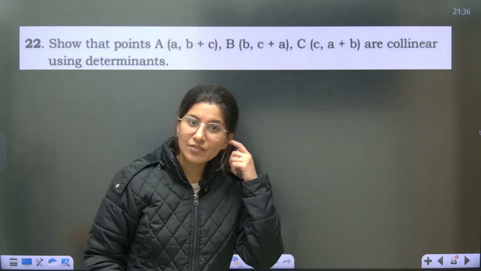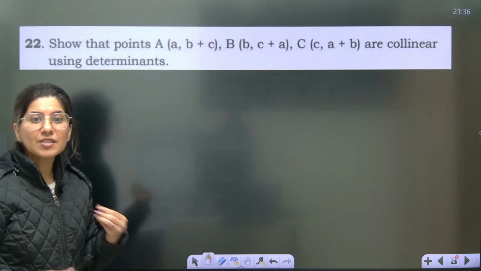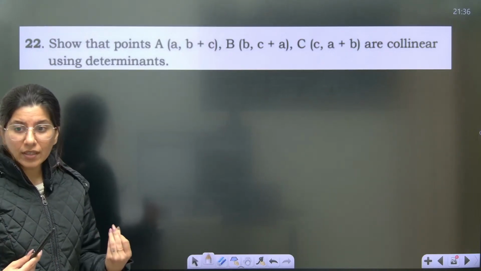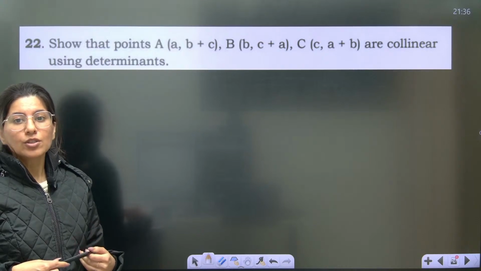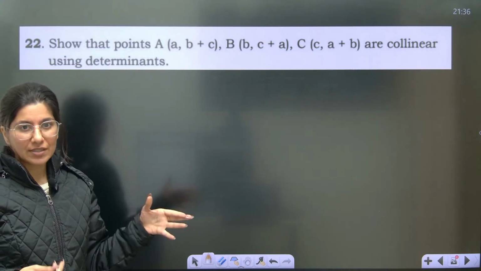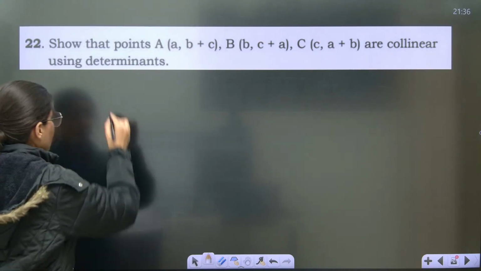Next question, which is from the determinants. We have to show that these 3 points are collinear. Let me just tell you.